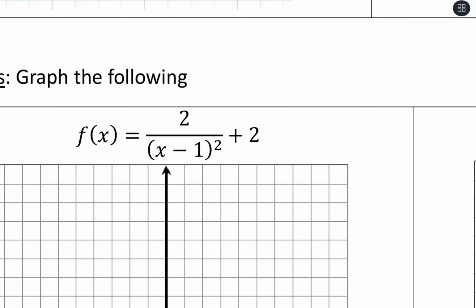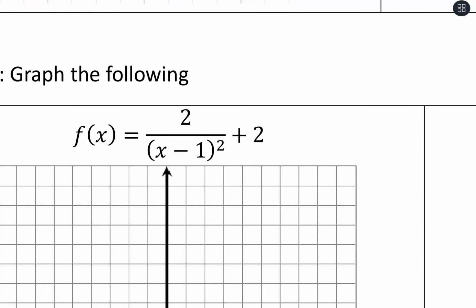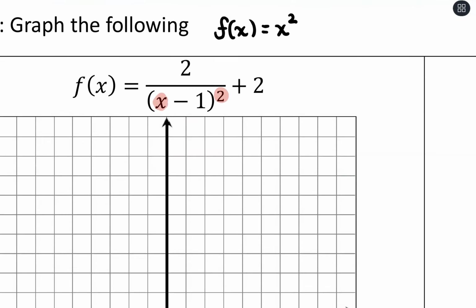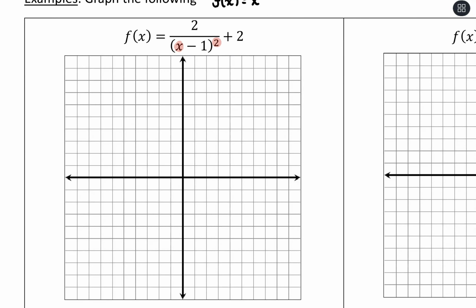So let's take a look at this first case here. I'm seeing that exponent of 2 on x in the denominator. So that's having me think that my parent function is x squared. So with that, we're not going to cross x equals 0. I'm also going to imagine this horizontal asymptote at y equals 0.